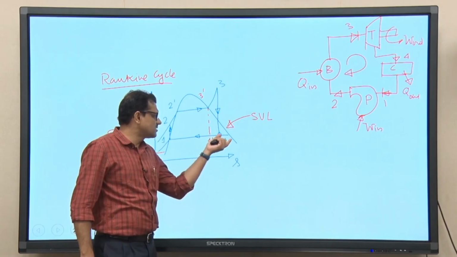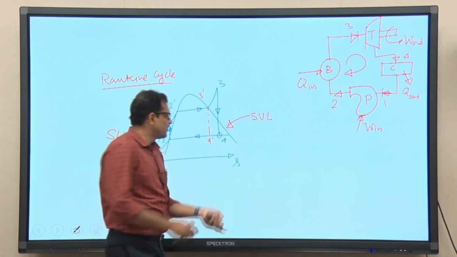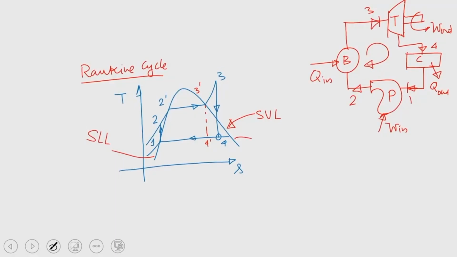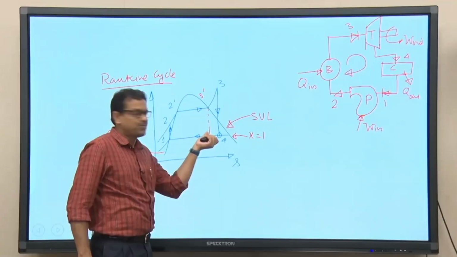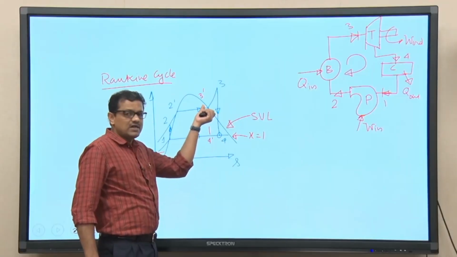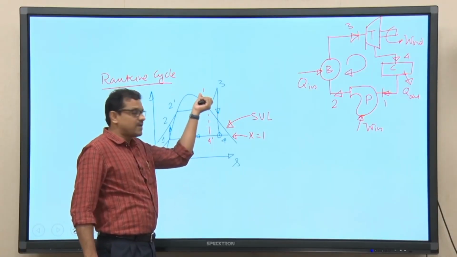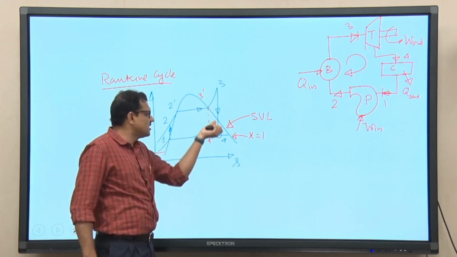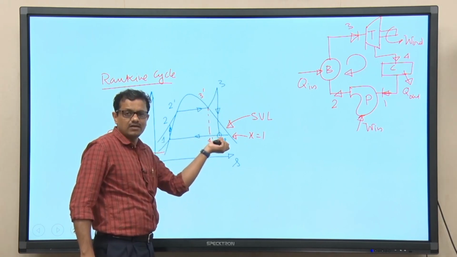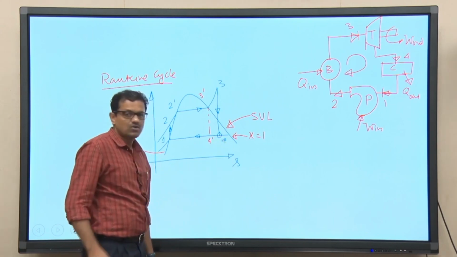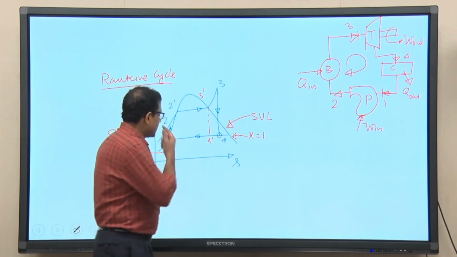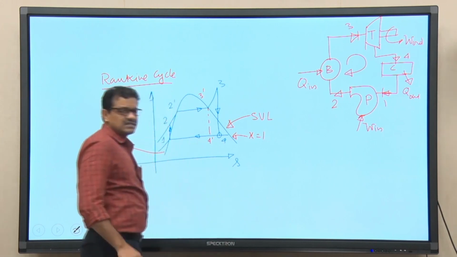Since the point 4 prime is away from the saturated vapor line, where the quality is x equal to 1, the quality will be very poor. But by superheating steam beyond state point 3 prime up to point 3, we can see that the quality of steam at the exit of the turbine is improving. So, quality is better.